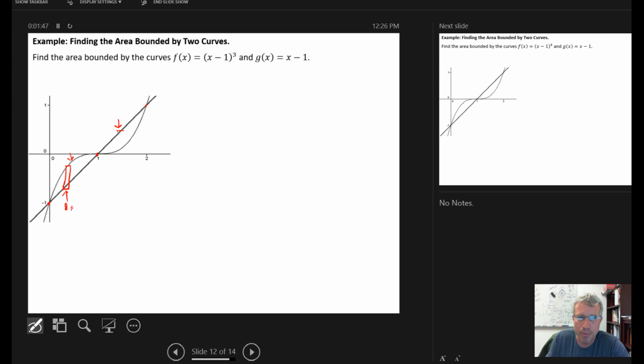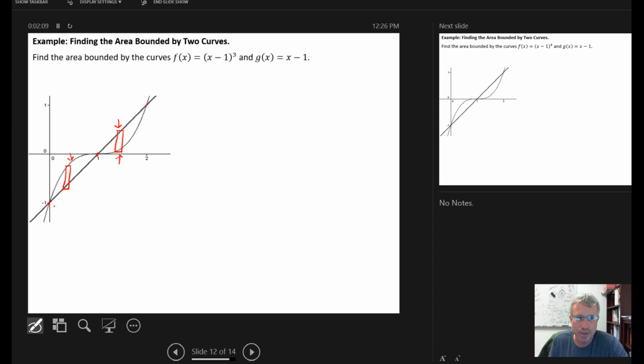So if I make a representative rectangle here, the function above is different than for right here. Because the function above switches when I get over this intersection, I would need to break things into two integrals. And then I'm going to need, of course, to know these intersections.